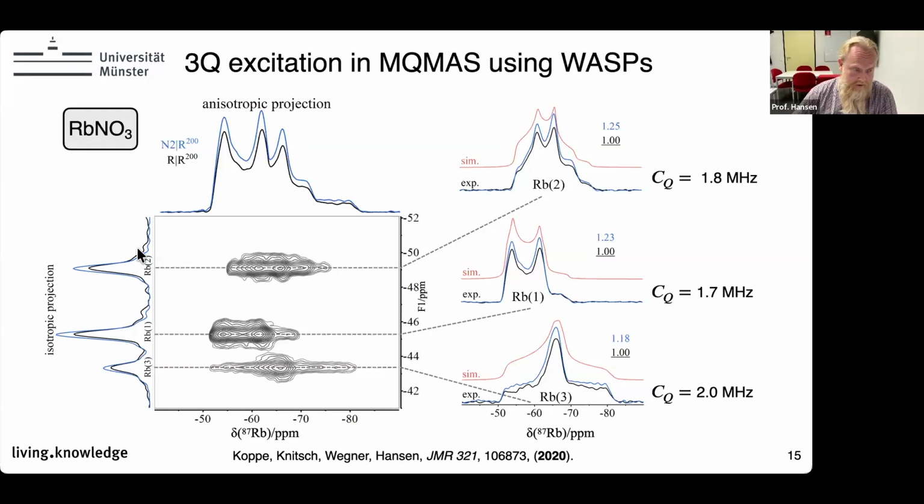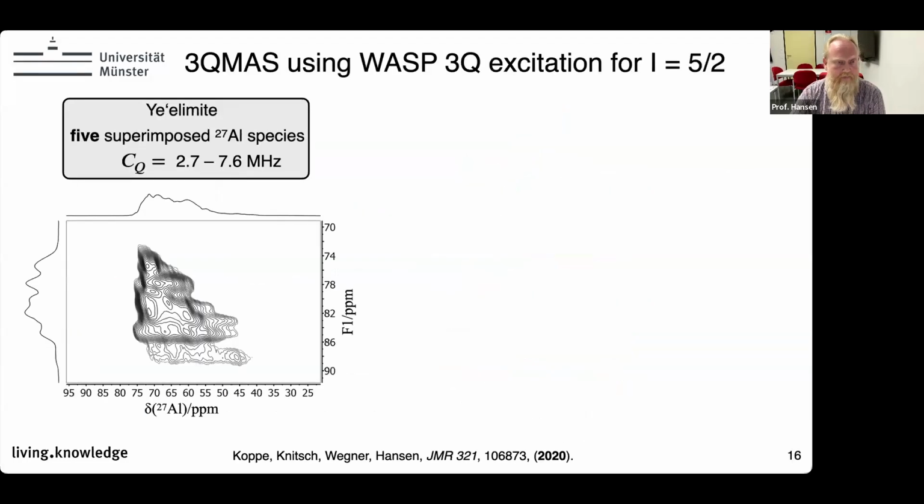And you can simply see just from the colors that there's actually a gain, which is calculated here on the right by using the integrals, and you get something like 20 to 25% efficiency simply by replacing the first pulse with a WASP pulse. And it's just one line in your pulse sequence.